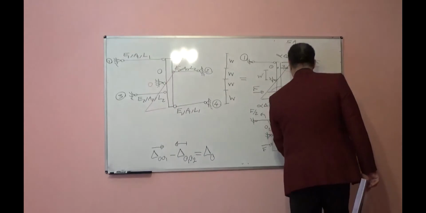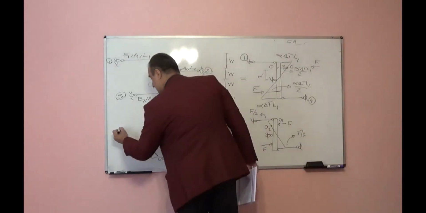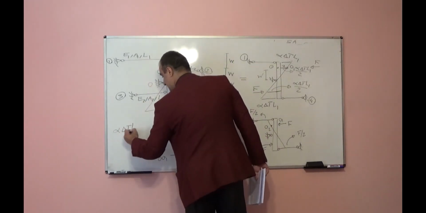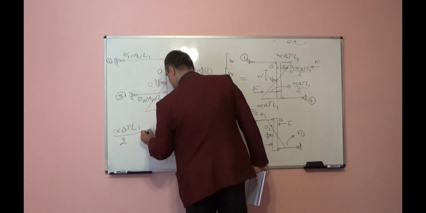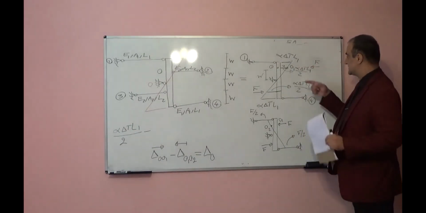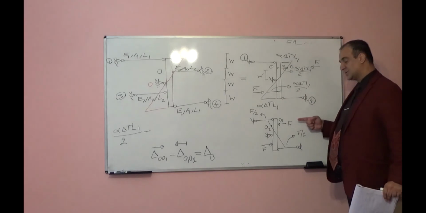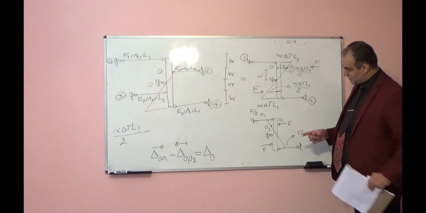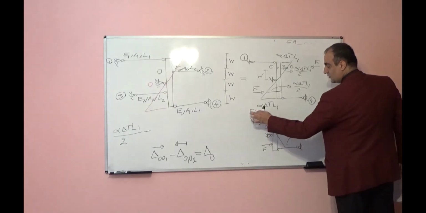Delta O1, because of this expansion, is known. I calculated that if we don't have this rod, it is alpha delta T L1 divided by 2. Minus, if this rod is here, rods number 2 and 3 have force inside, it is F, so the deformation will be, because this is F, this will be F over 2.